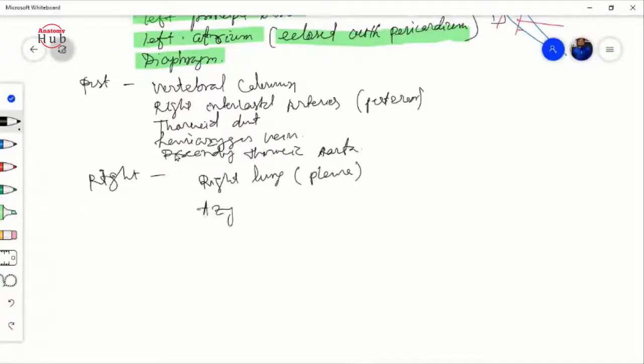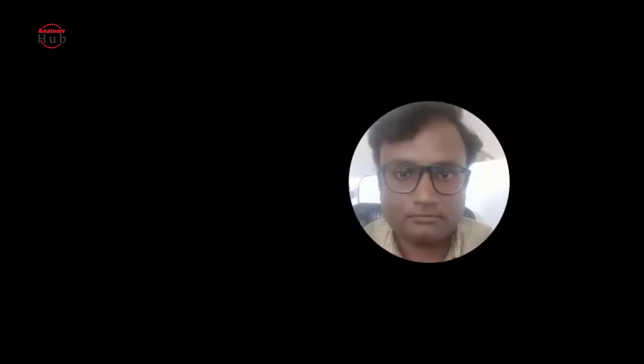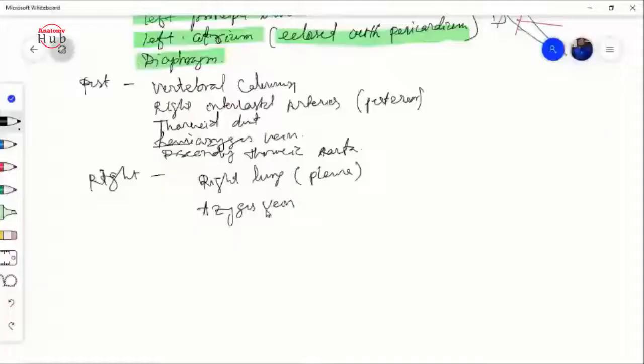Here hemiazygous vein, okay, but at the right side you'll find azygous vein relation, okay. And at the right side another thing we will find, what is that? Right vagus nerve, okay. This is the right side relation.